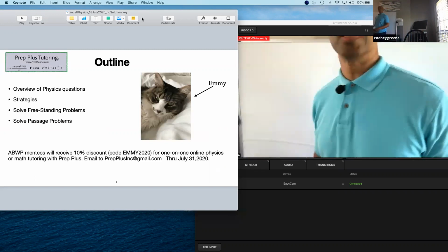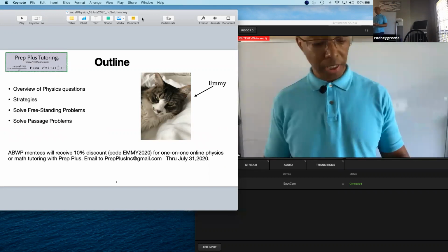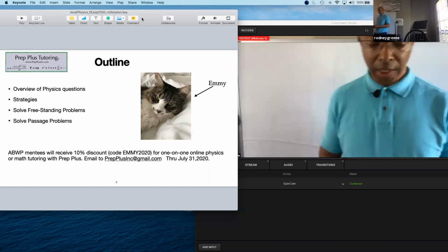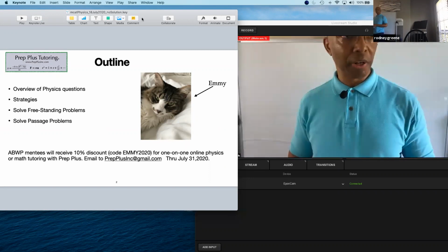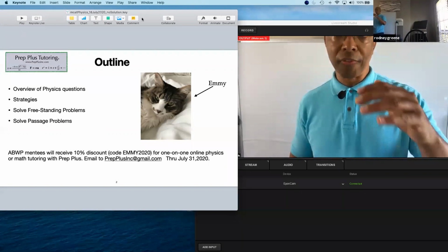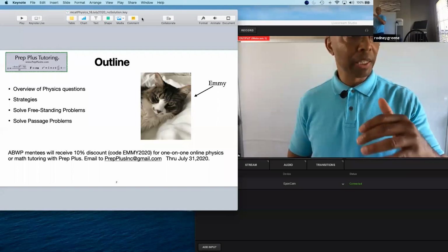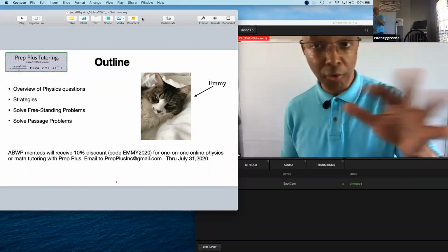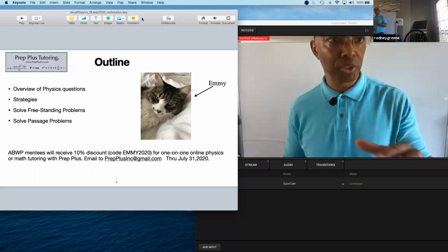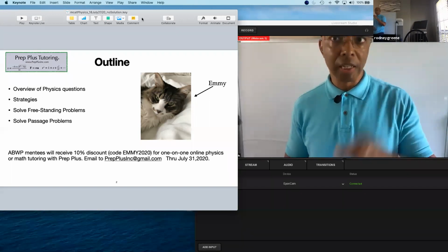Once again, this is an MCAT physics test prep. The outline for today is indicated there. I'll give an overview of the structure of the physics questions on the MCAT, and a slide on different strategies.